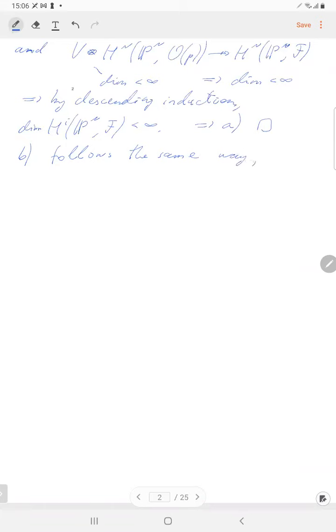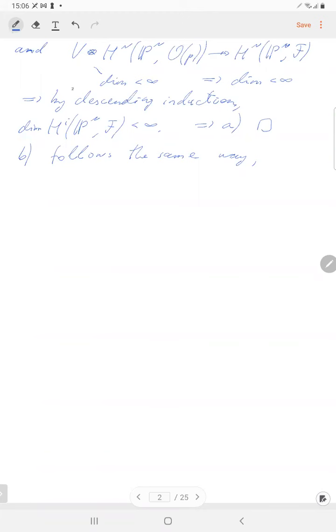Could you please explain once more why the dimension of V tensor H^N of P^n of the invertible sheaf, the thing on top, is finite dimensional? Just because last time we computed all cohomology of all invertible sheaves, right? So any invertible sheaf O(p) has some cohomology we explicitly computed. And why is V finite dimensional?